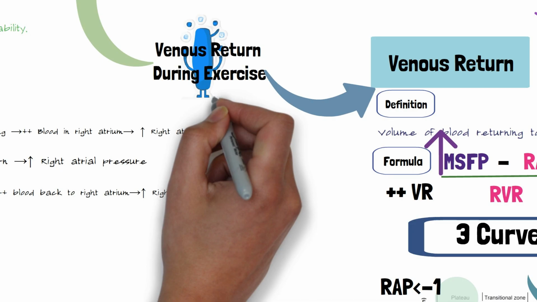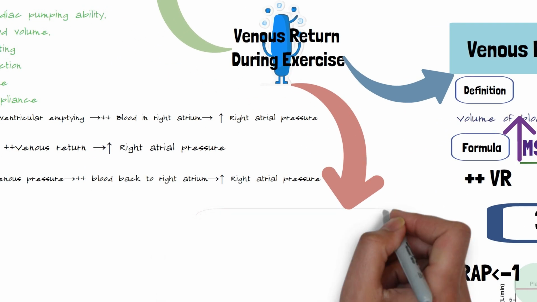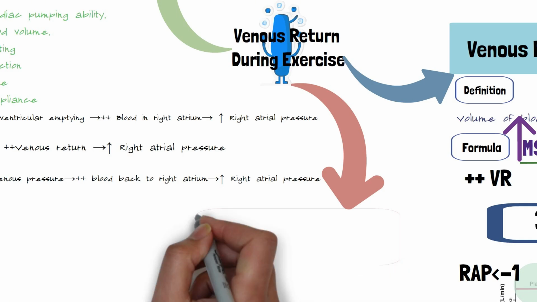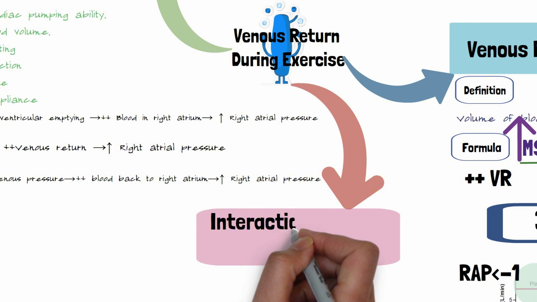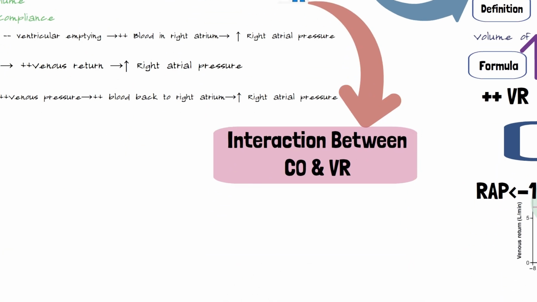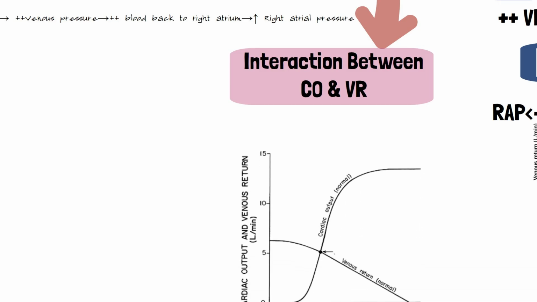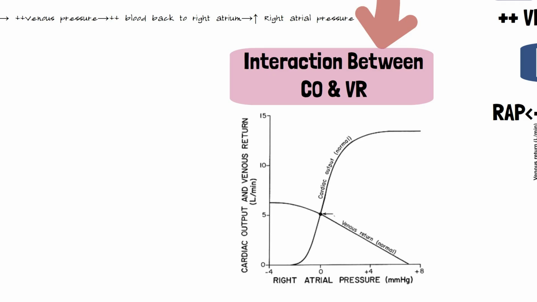Now we reach the final part for today's memo map, and here we are going to talk about the interaction between the cardiac output, which we discussed in previous videos, and the venous return, which we discussed in this video.